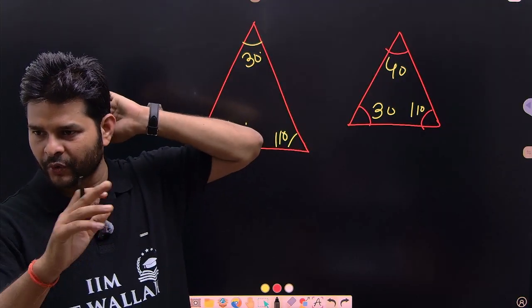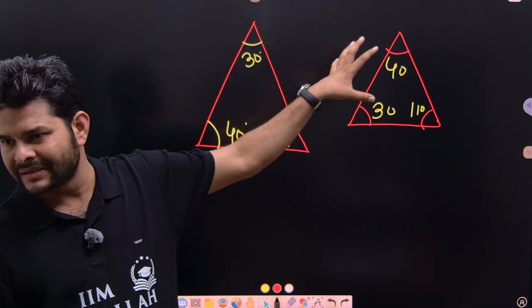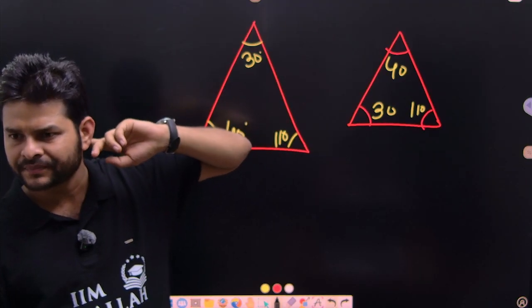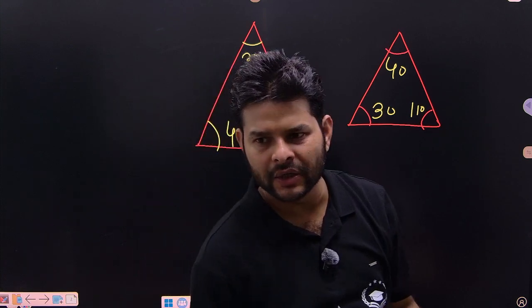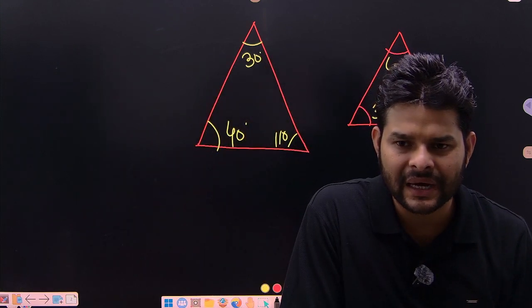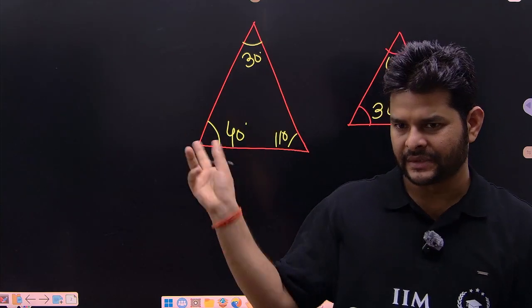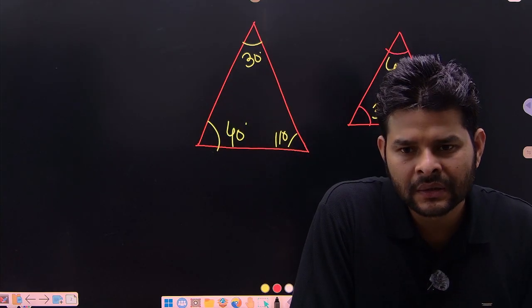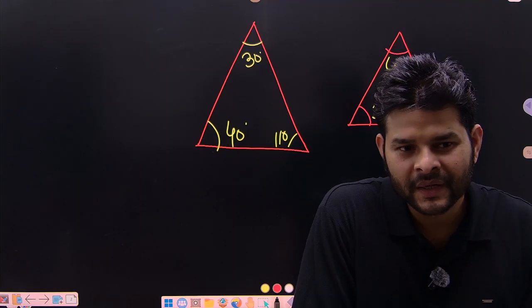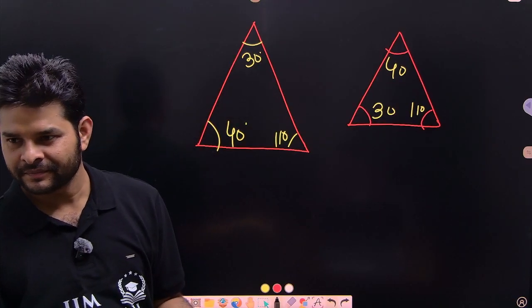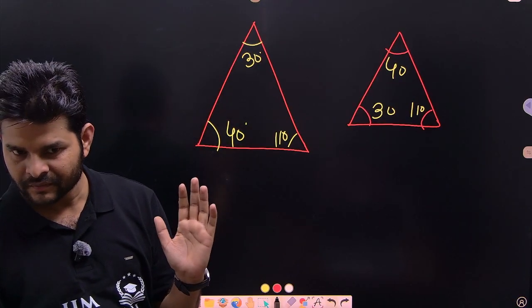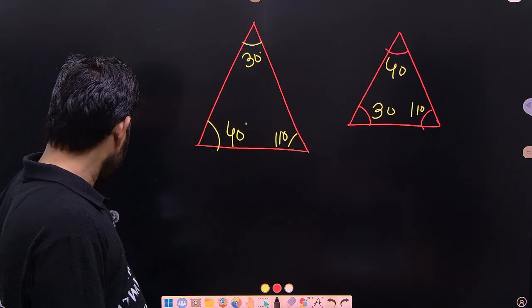So if you want to prove that both the triangles are similar, the first property is: if only two angles of the triangles are same, then both the triangles should be similar. If two angles are same, then the third must be same.